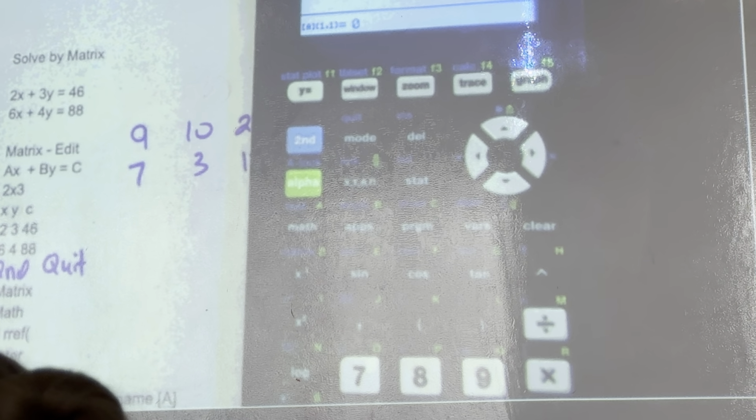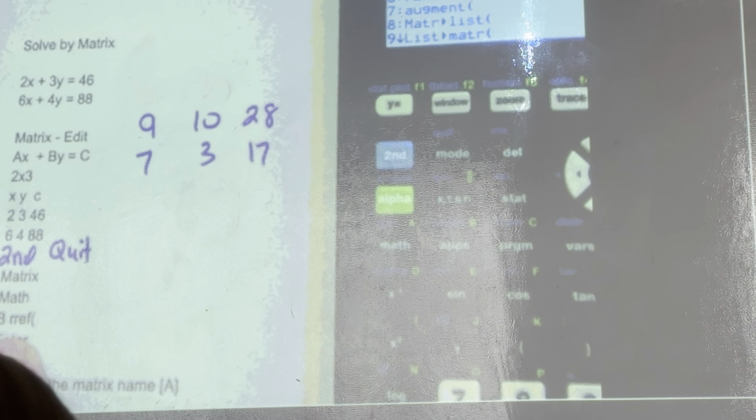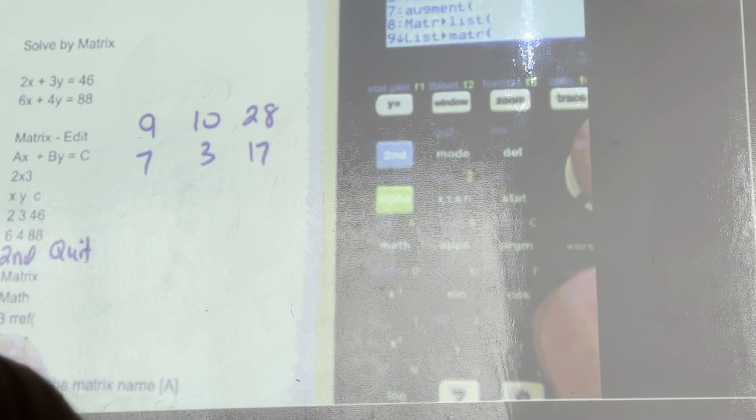Second matrix, and we're going to math, and we're looking for RREF, and that's how we solve, and that's B. So you have 1 through 9, then it goes to 0, and then A and B. You can go up or down, doesn't really matter.